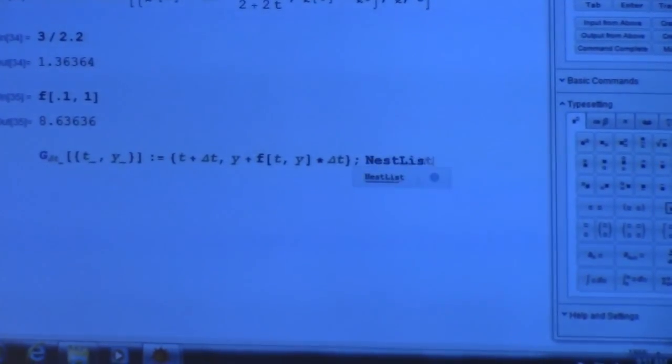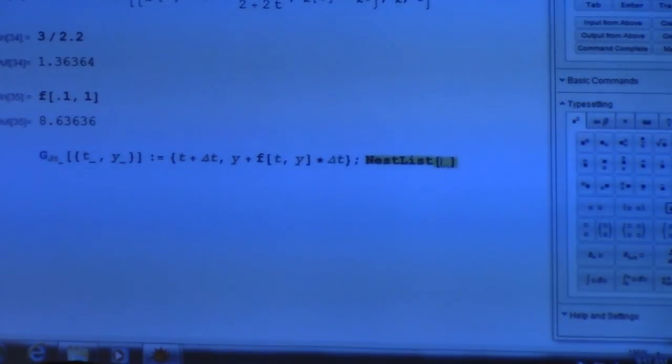And then what I use is a command called NestList in Mathematica, which does iteration very efficiently. We're going to iterate this function, using it over and over and over again. That's what it means: effectively using these equations over and over again.